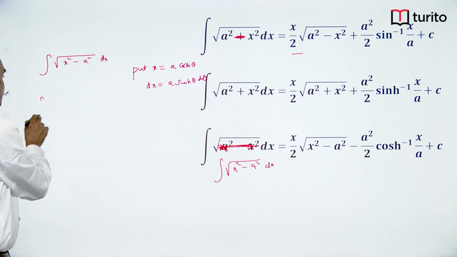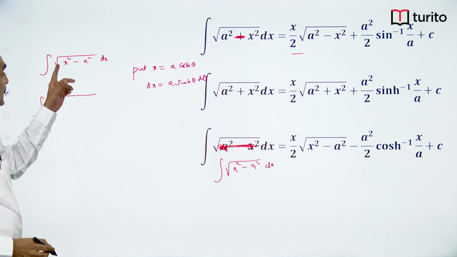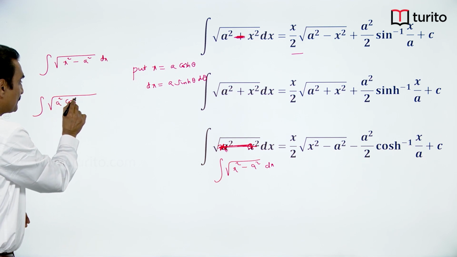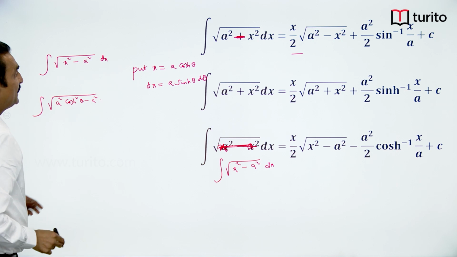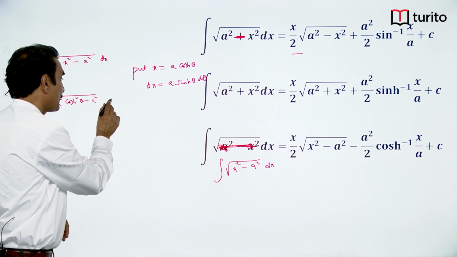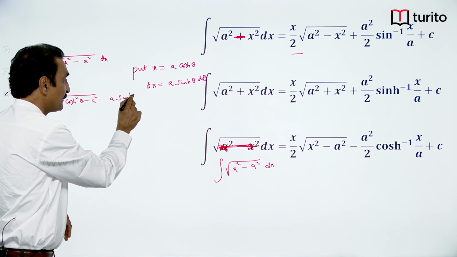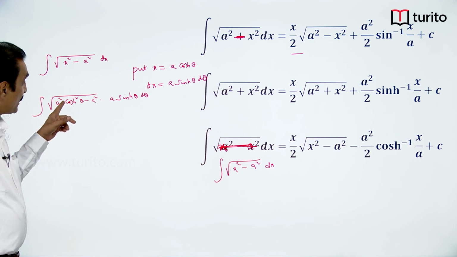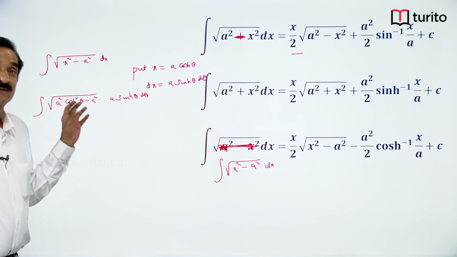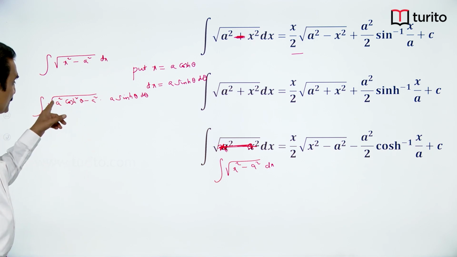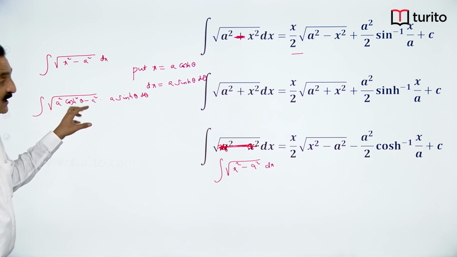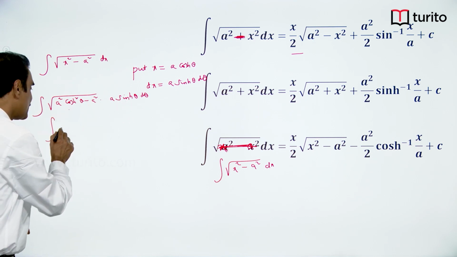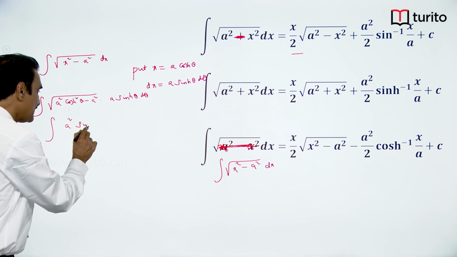Then this becomes root over a square cos h square theta minus a square, into dx is a sin h theta. Taking a square common, cos h square theta minus 1 is sin h square theta. So, it becomes root over a square sin h square theta. So, finally, this into this becomes a square sin h square theta.